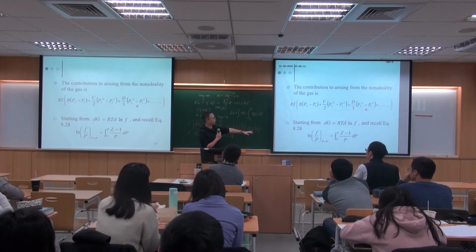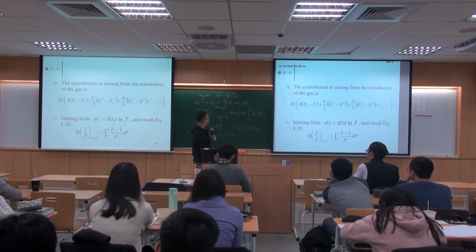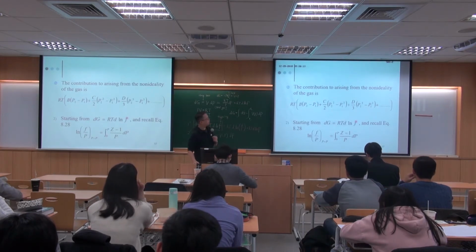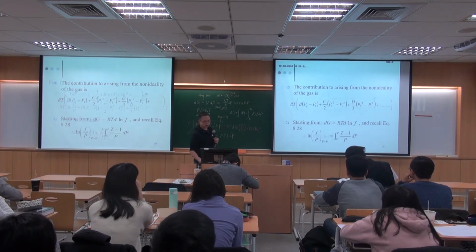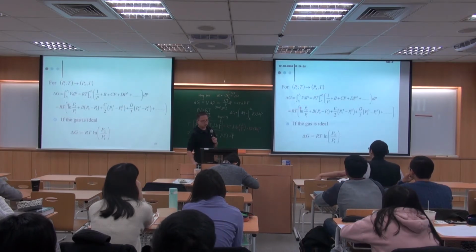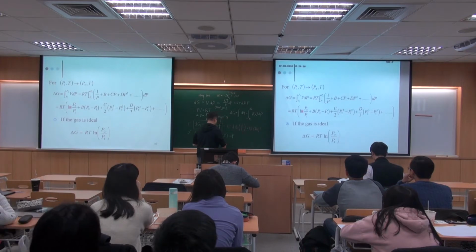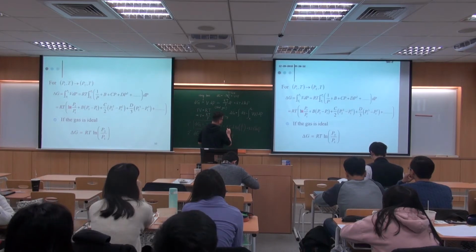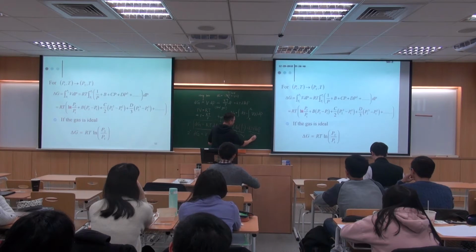So from this expression, you can immediately know that this should be the same as this term, right? Because the first term is RT log P2 over P1, and that corresponds to this. And here is the non-ideal contribution, and here is the original ideal gas contribution.